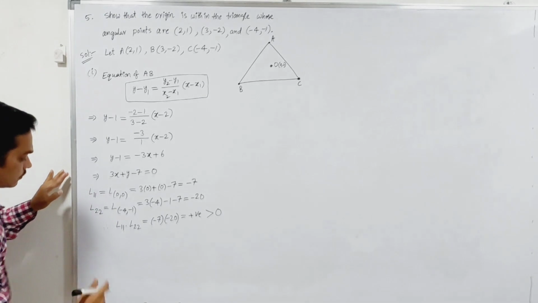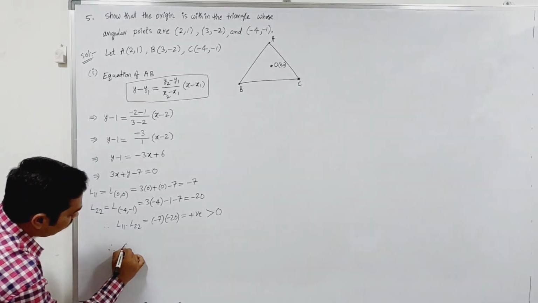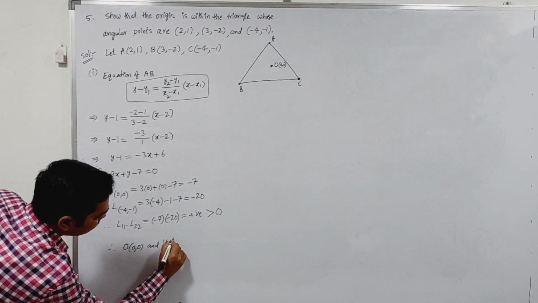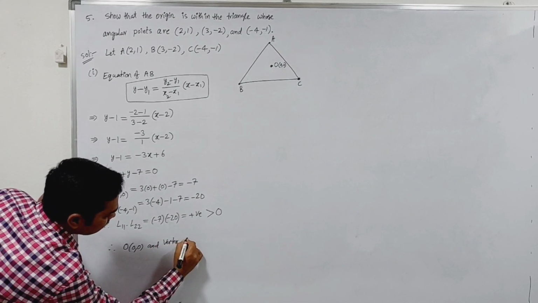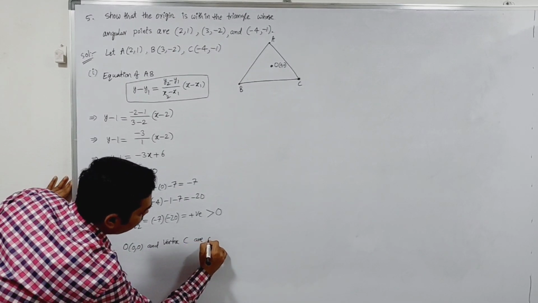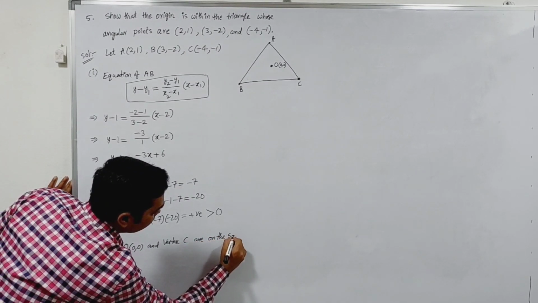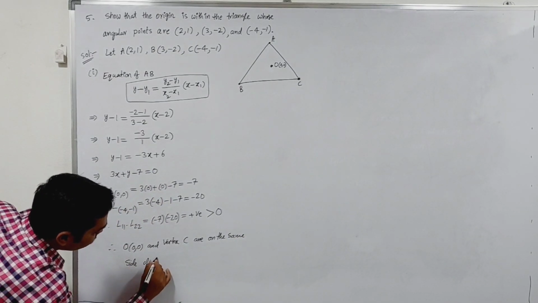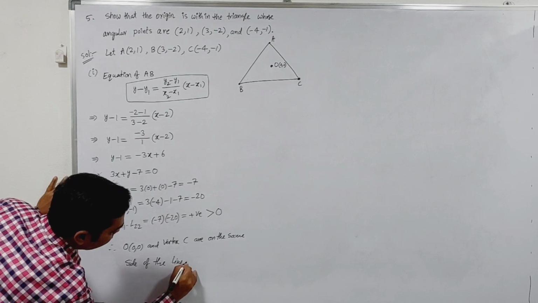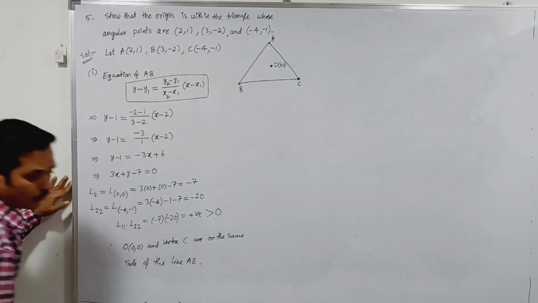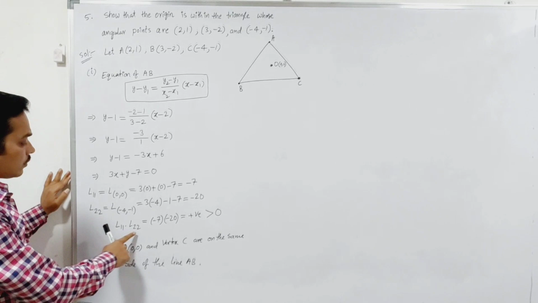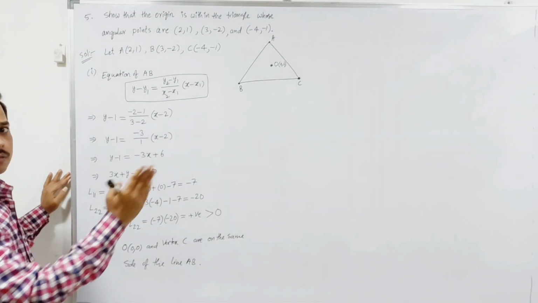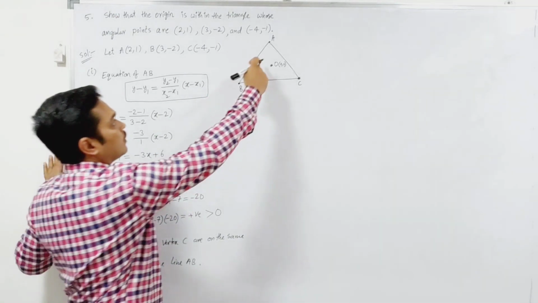That means origin (0, 0) and vertex C are on the same side of the line AB, or side AB. If L11 into L22 is greater than 0, the remaining 2 points are on the same side of this line AB.